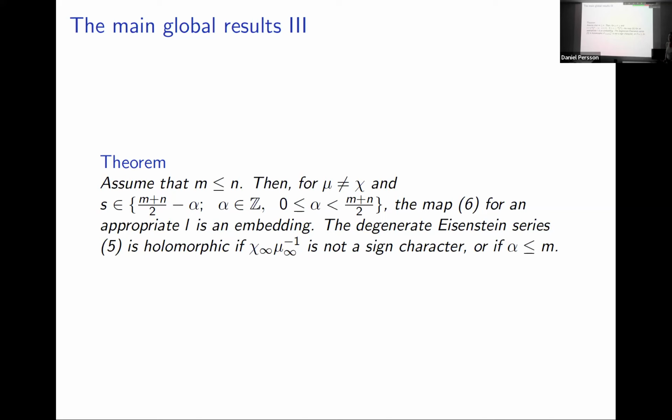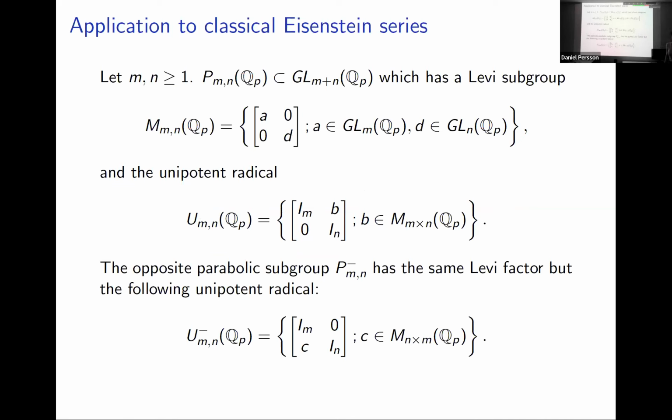So we have a little bit worse result when mu doesn't equal chi, because we do not have enough information at the non-Archimedean place. But for the application to classical Eisenstein series, it is enough to look at the case where mu equals chi is trivial.